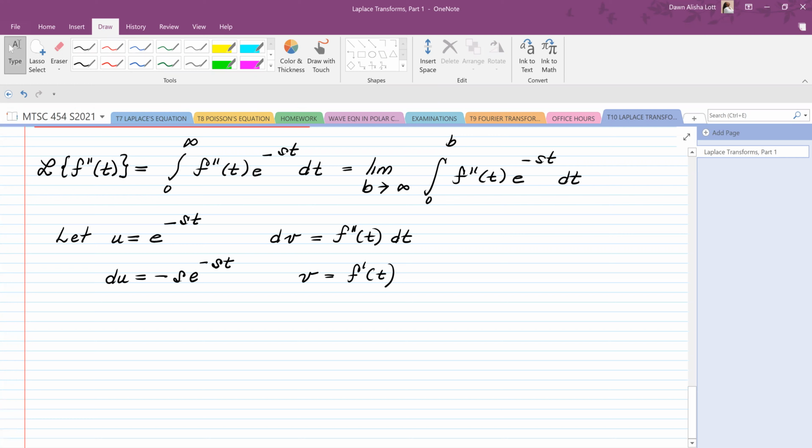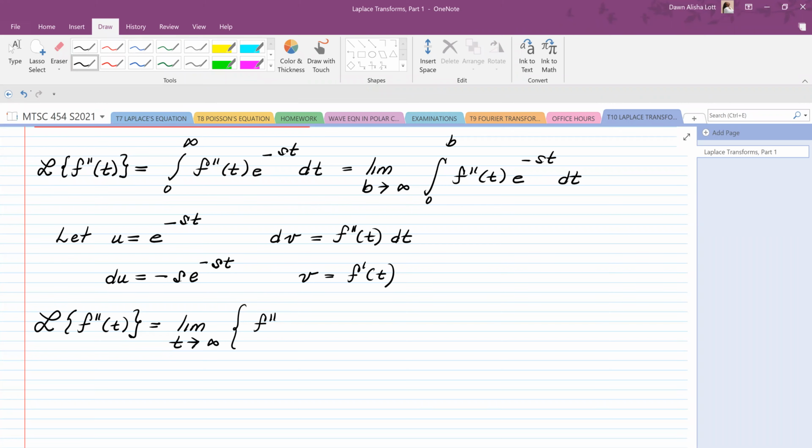So the Laplace transform of f double prime of t turns out to be the limit as b approaches infinity, and then I'm going to get u times v. Oh, v is f prime.